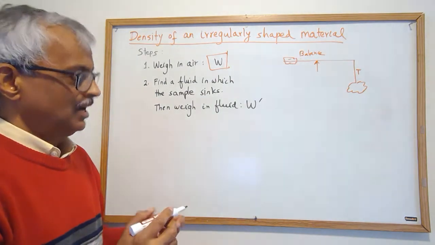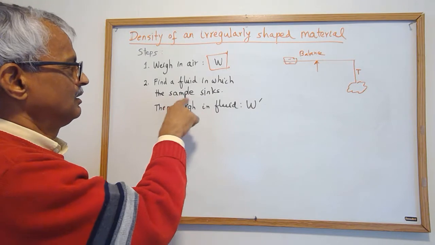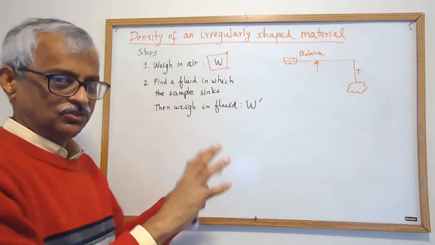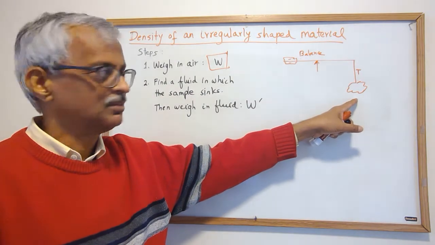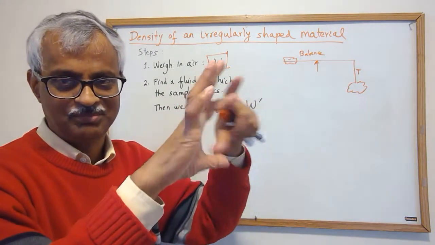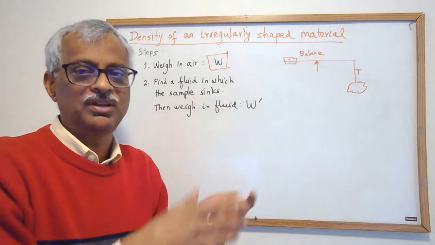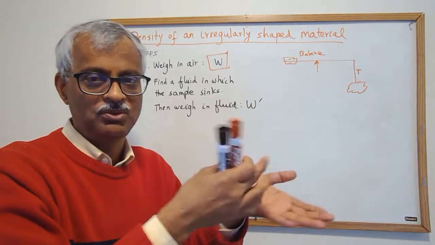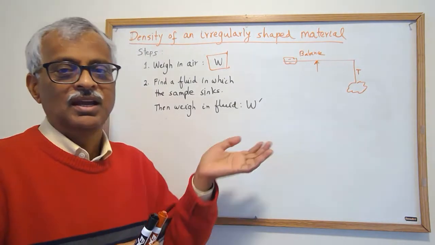Now how do we do this? The next step is to actually look for a fluid in which this thing will sink, meaning the density of this thing is more than the density of the fluid. So if this thing is floating in, say, water, it's not going to work. This method is not going to work.